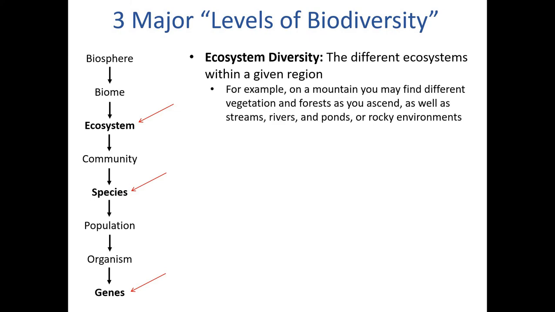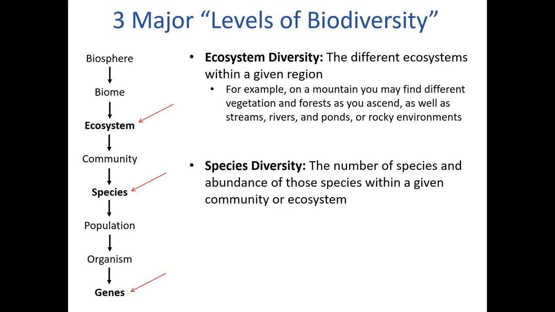For example, as you ascend a mountain, you may find different vegetation and forests as you go up. And on a mountain, you'd also probably find streams, rivers, maybe ponds, and rocky environments. Each of these is going to create its own ecosystem with different types of species within them and different interplay of those species that uphold these ecosystems.